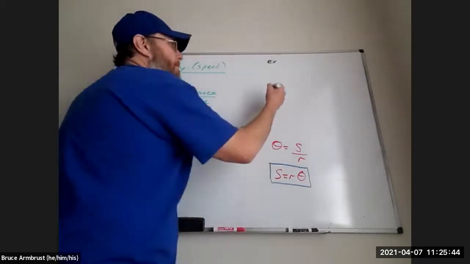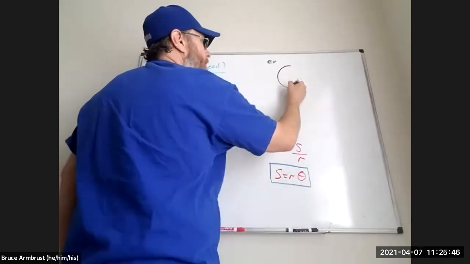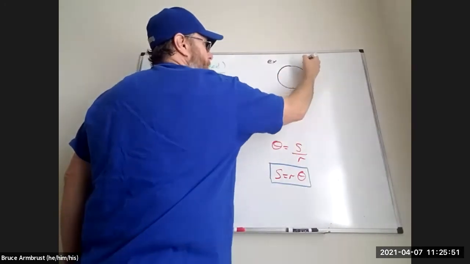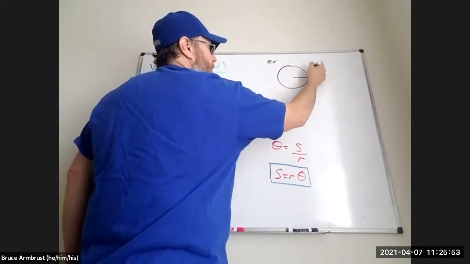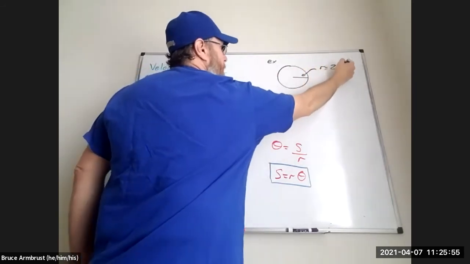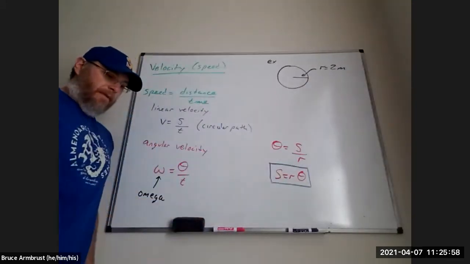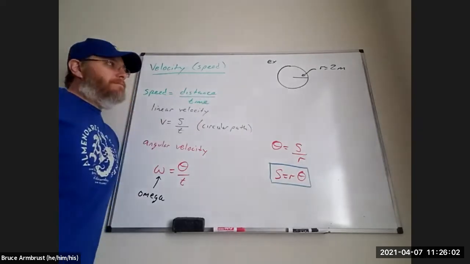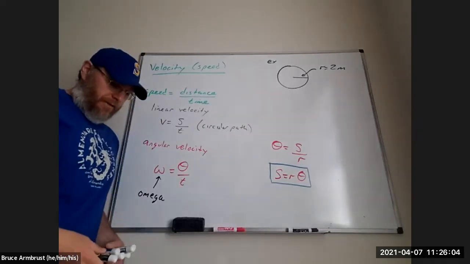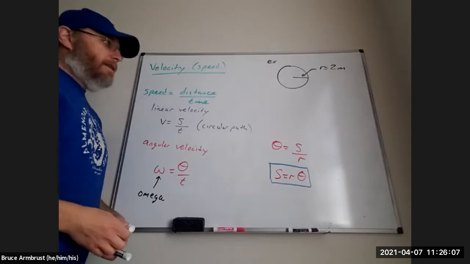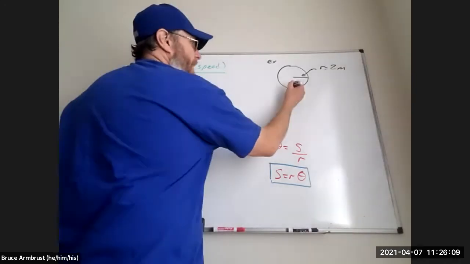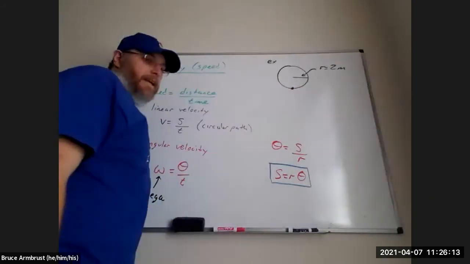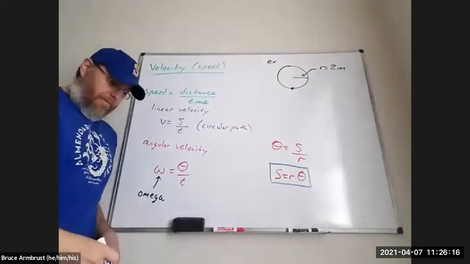So let's say you're on a merry-go-round, and that merry-go-round has a radius of 2 meters. That means it's a little bit more than 12 feet across. So we have a radius of 2 meters. Suppose that we're sitting out here on the outside, holding on for dear life as this is spinning.